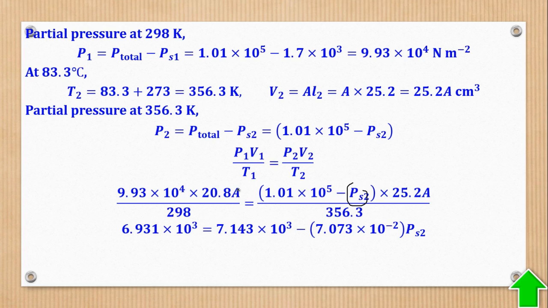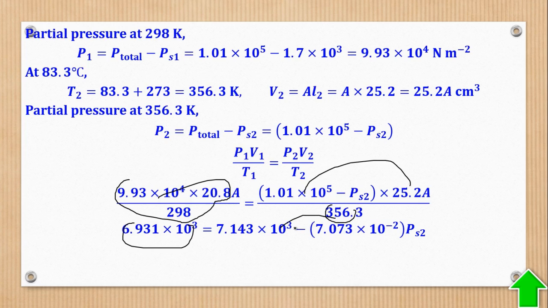First of all, this A cancels with this A. Then the whole of this remaining part gives you this, and also this times this, divide by this, gives you that, and this times this, divide by this, gives you this.